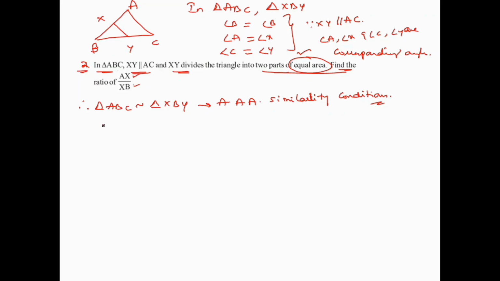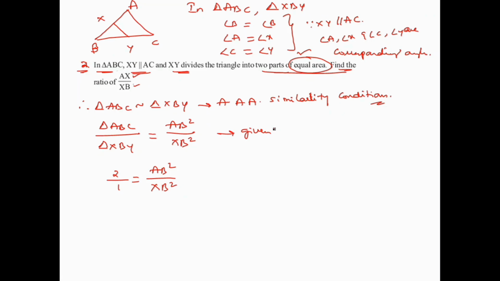Hence, I can write that triangle XBY by triangle ABC can also be written as XB square by AB square, because the ratio of the areas of similar triangles is equal to the squares of their corresponding sides, right? So this can be written as 1 by 2 and XB square by AB square. How did I write this? Because this is given, right?